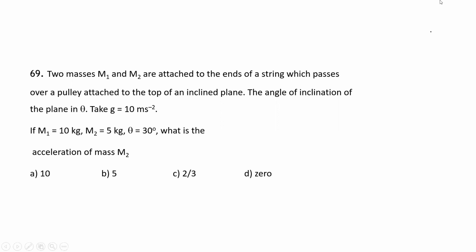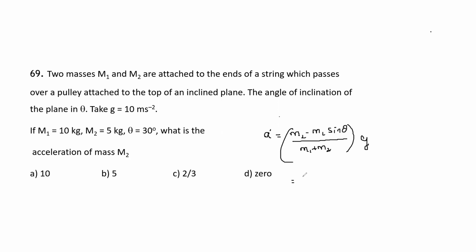To calculate the acceleration of m2 we have the acceleration a equal to (m2 minus m1) into sine theta divided by (m1 plus m2), into the acceleration due to gravity g.